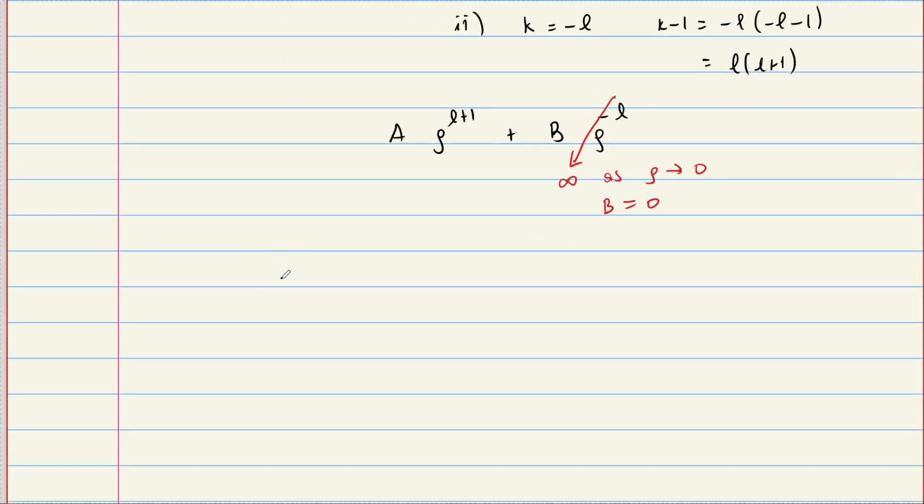So ansatz of the form u is equal to rho to the L plus 1 e to the minus rho times some other function v of rho.